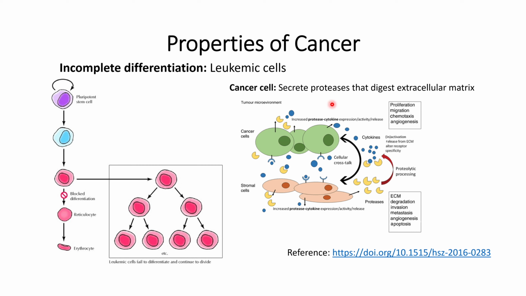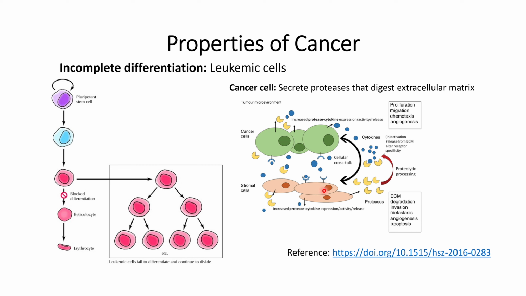The next property of a cancerous cell is that it secretes proteases. So what happens because of this? It cleaves the tissue factors or the growth factors available in the neighboring environment, so that they can use those tissue factors for their further proliferation.